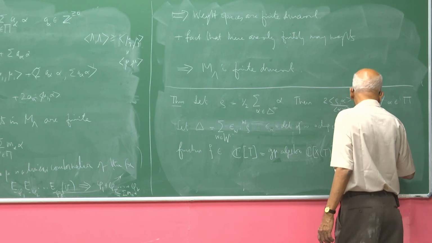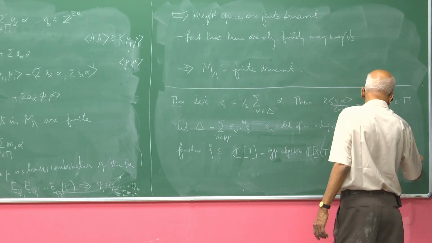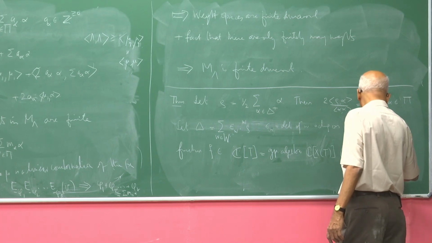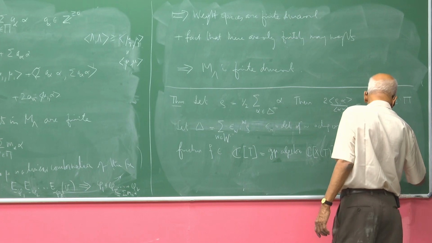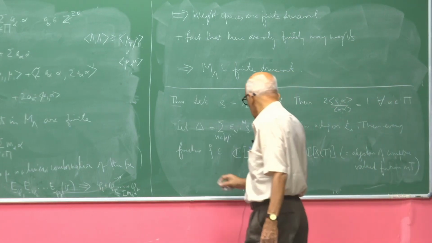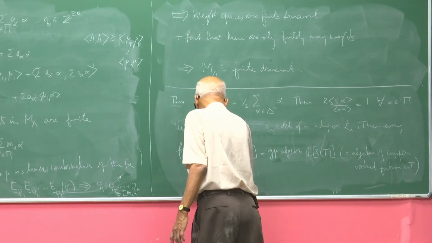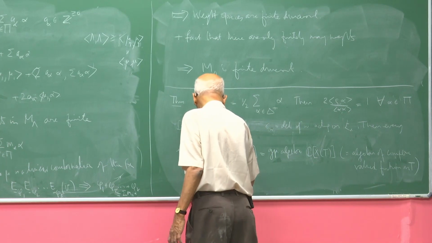Algebra of complex valued functions on T, and I denoted it by A_T. I hope this is the notation I used last time.